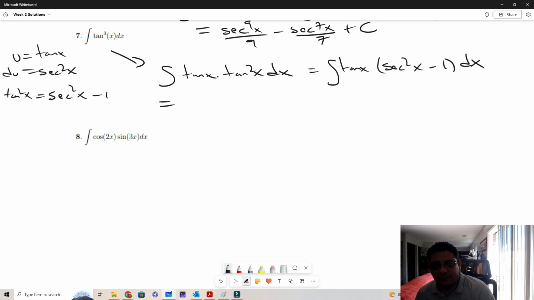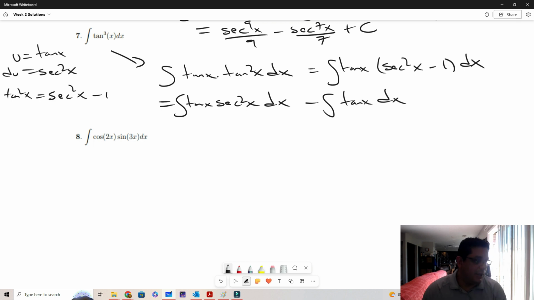And so this is going to transform the integral to the integral of tangent of x secant squared, and I'm going to have one integral there. And then I'm going to have the integral of tangent of x dx. And both of these integrals are things that I know. So of course, because I'm going to be doing u du, then this is just going to be u squared over 2. And for this one, if you remember from before, tangent is sine over cosine.